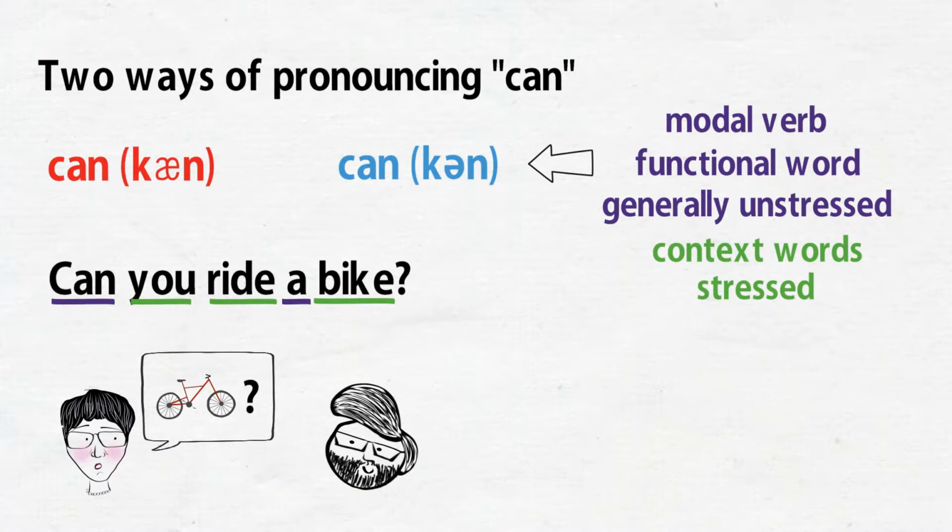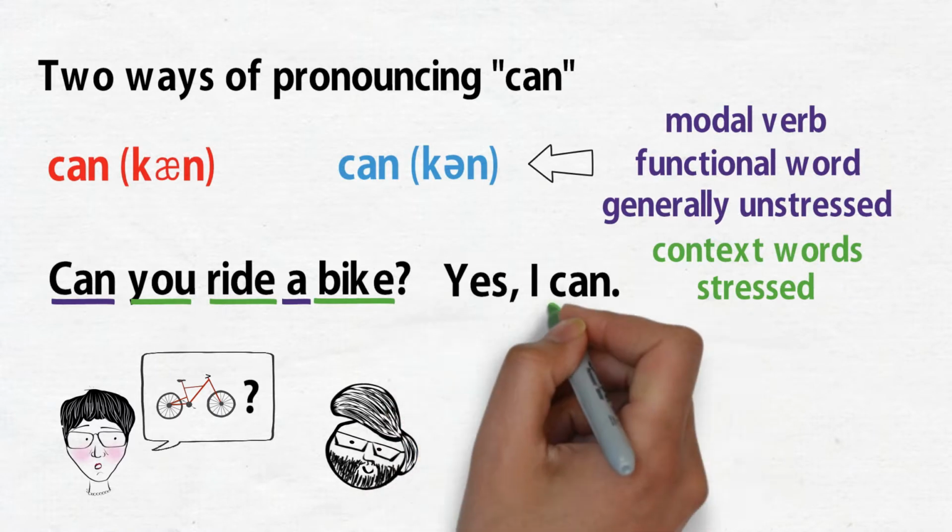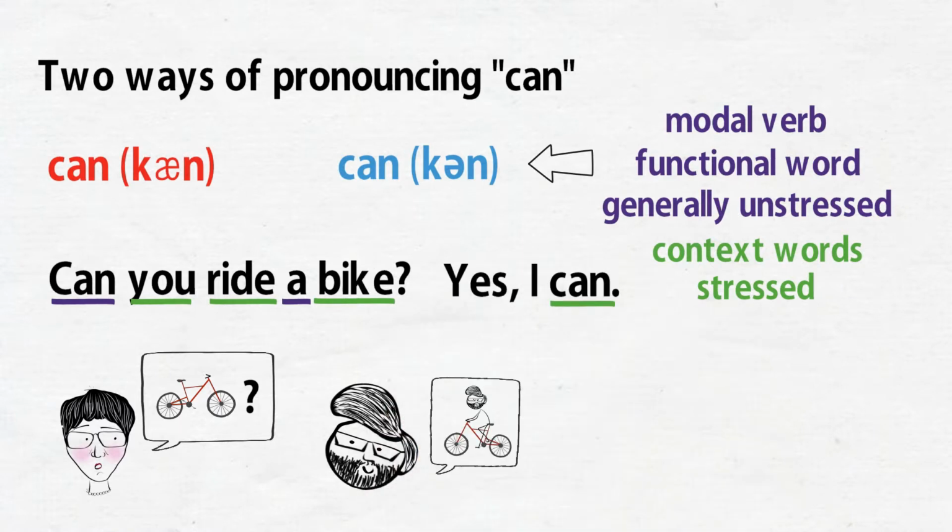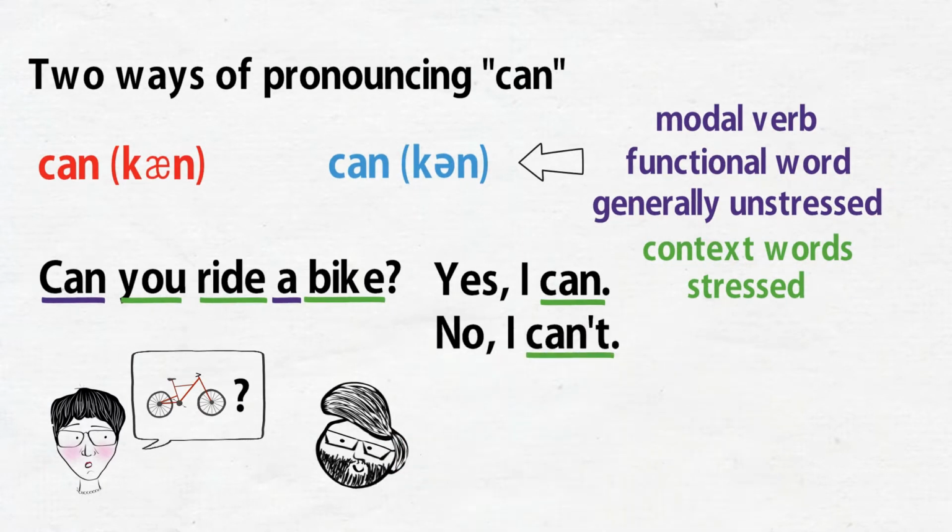However, if we put the word can at the end of the sentence, we have to stress it, and therefore change its pronunciation. So the answer would be, yes, I can. And one more time. Can you ride a bike? Yes, I can. The negative answer to that question would be, no, I can't.